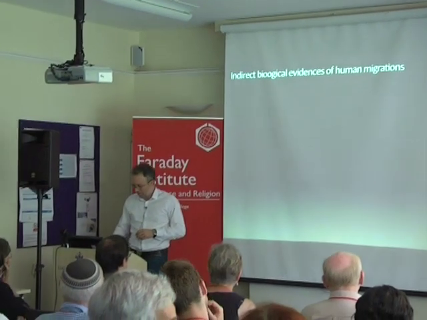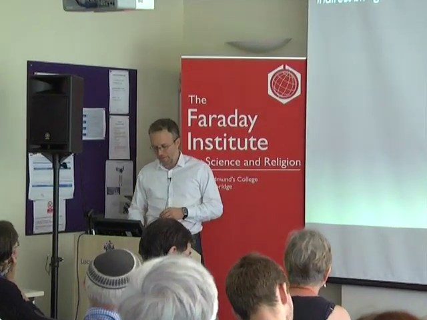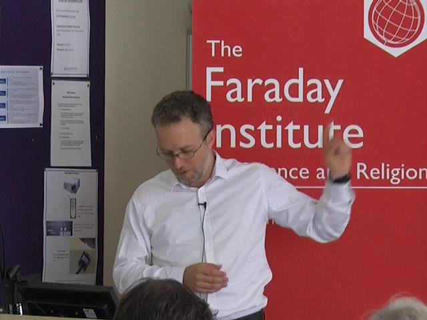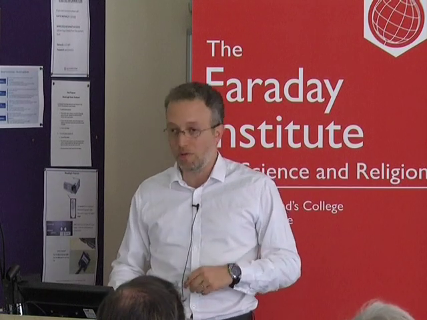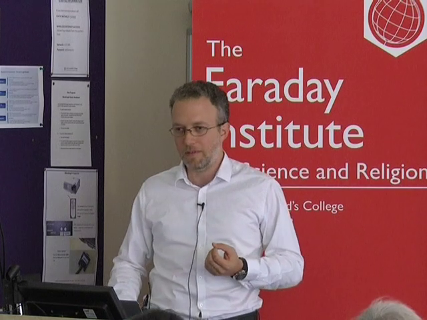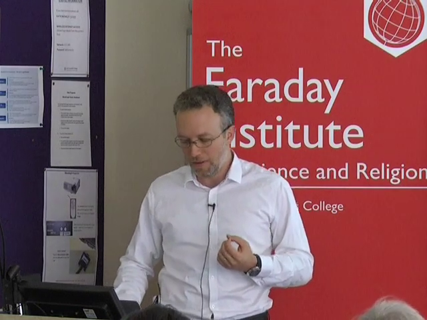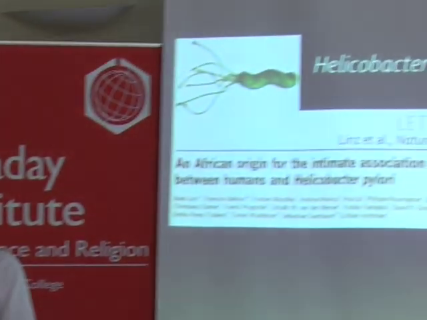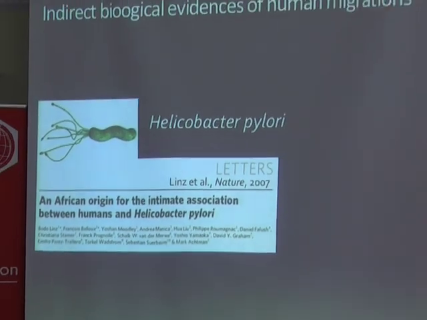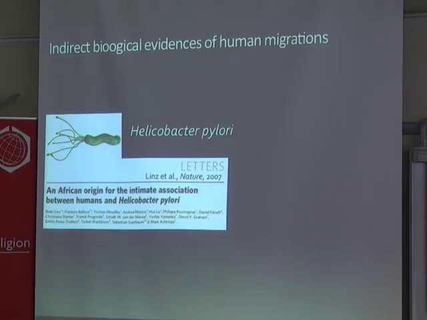What is really interesting is that recently we have indirect biological evidence of human migration, looking at other organisms that were tightly linked to humans. That's the case of the bacteria Helicobacter pylori, which is famously known to be linked to stomach ulcers. Scientists have been sampling this bacteria in all populations of the world, sequencing the genome.